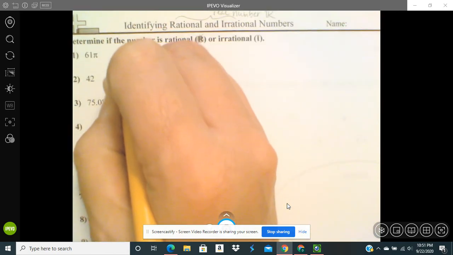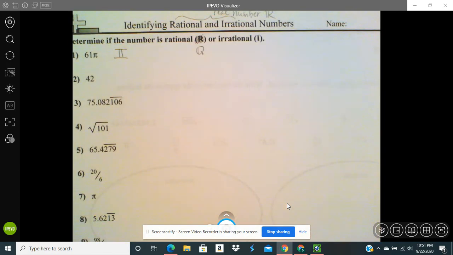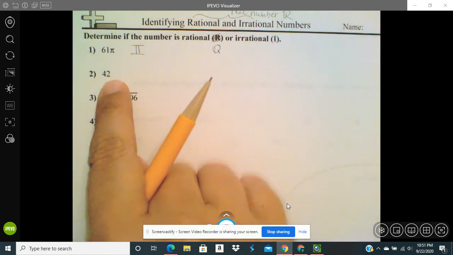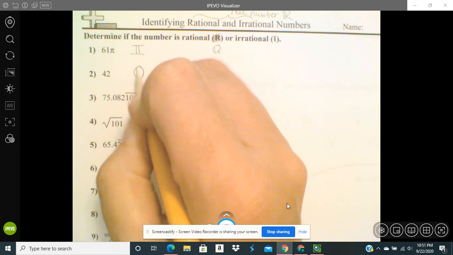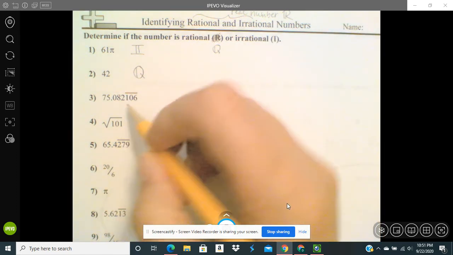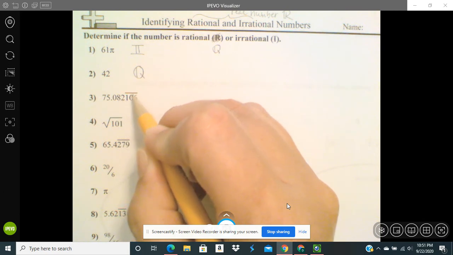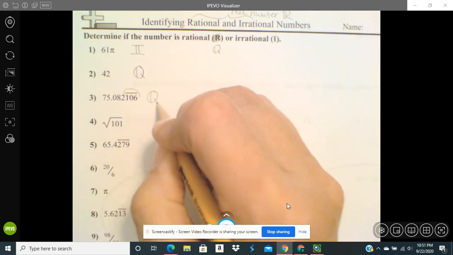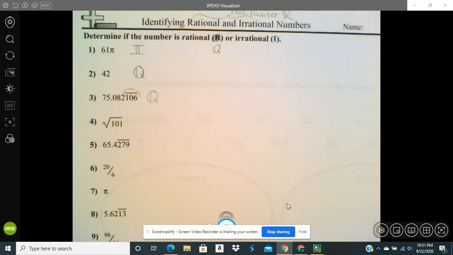I know that this is irrational, because it has the pi symbol. 42 is rational. It's a whole number. 75.082106 repeating, that will be a rational number.